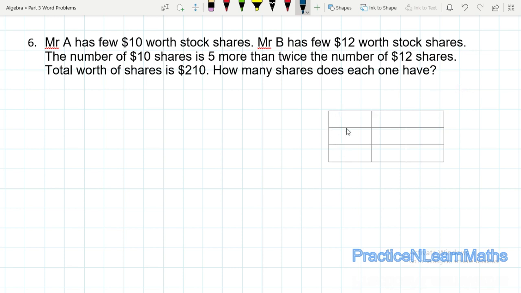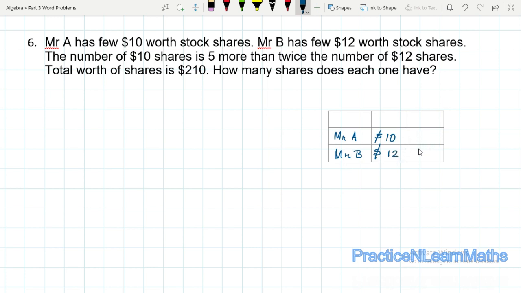So we find that it's almost the same as question number 5, and in the earlier videos I have taught you how to do it with the box. So we write Mr. A over here, Mr. B over here, and $10 shares, $12 shares.